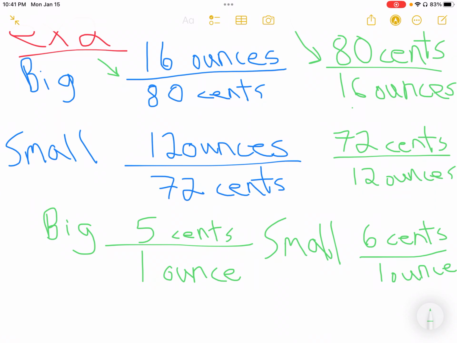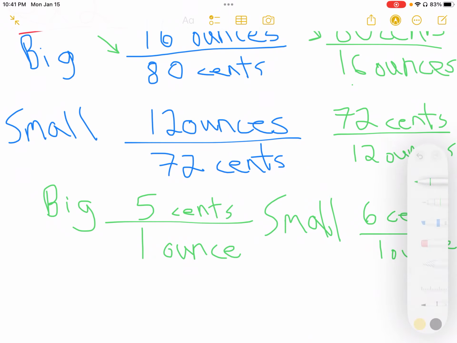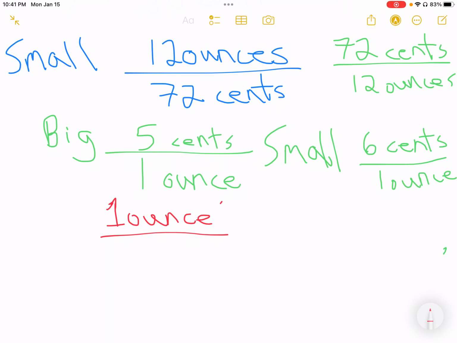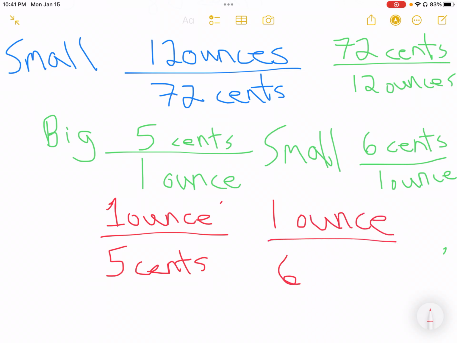Okay, now, just to show this real quick, I could have written it the other way, and I could have said 1 ounce. Could have figured it out either way, right? I'm going to make this one a little more obvious here, 1 ounce, instead of looking like a letter. 1 ounce is 5 cents. And then I could have gone here and said 1 ounce here is 6 cents.